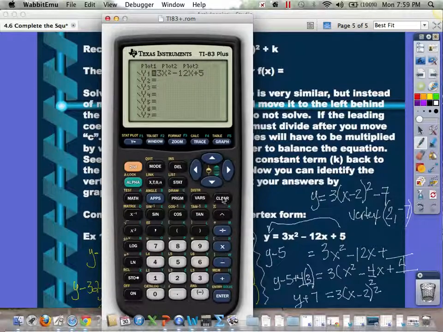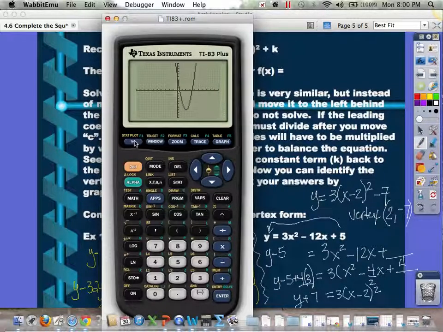And go to the next one, I'm going to write down 3 parentheses x minus 2 quantity squared minus 7. And let's see when we graph that. There's your first parabola. And remember, when this is finished and you only have one parabola, you've done it right. So this one is correct.